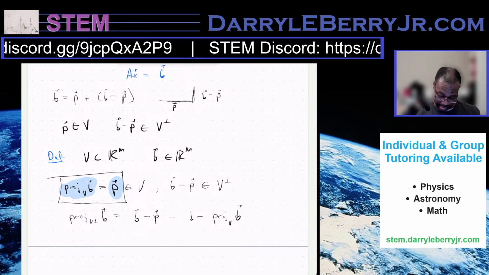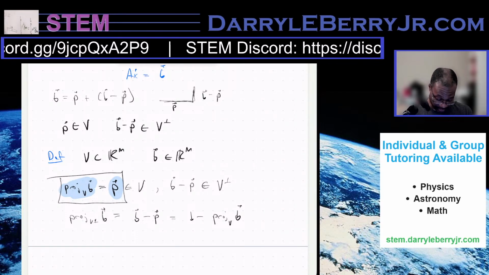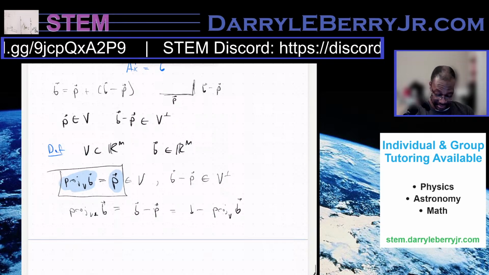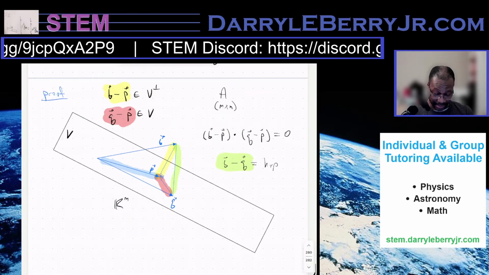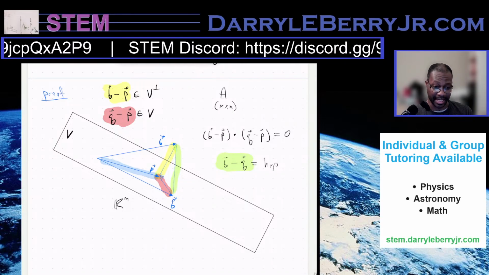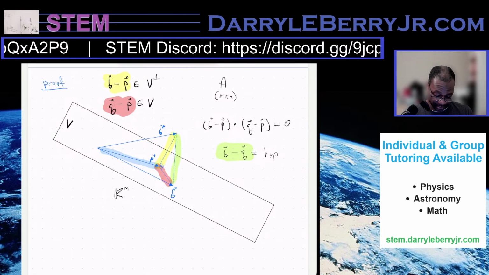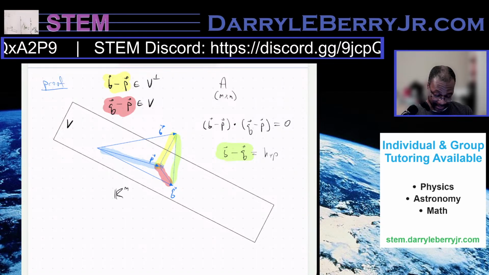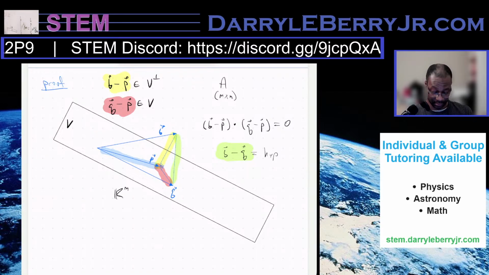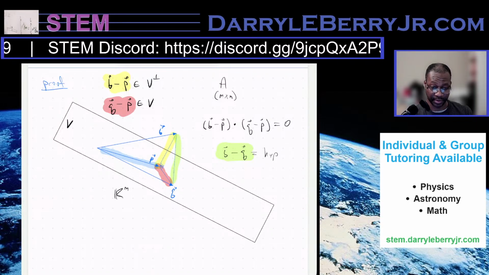Projection onto the perpendicular is B minus P, which is this right here. And since B minus P, the yellow line there, is perpendicular to the space and we can see that the yellow line is coming out of the space, then B minus (B minus P) is P, which is in the space itself, which is in the perpendicular to the perpendicular.